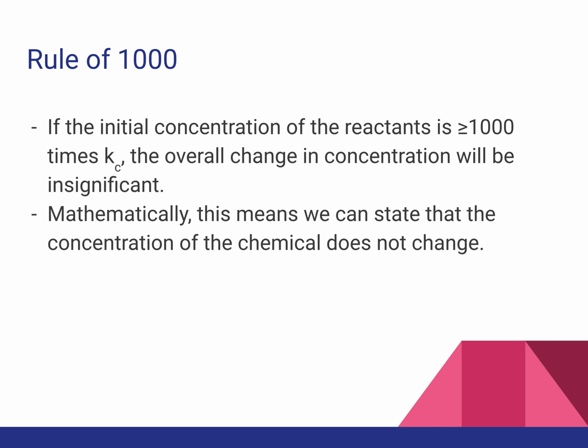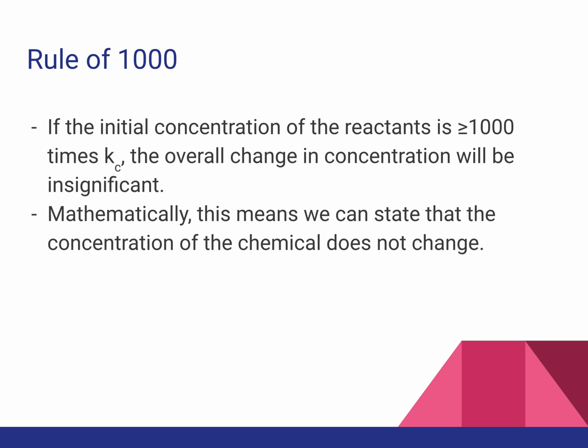Even if we calculate what the change from initial concentration to equilibrium concentration would be, it ends up being a rounding error. The rounding error is actually bigger than the actual change, so it's difficult to measure, which means the initial concentration and the equilibrium concentration for mathematical purposes haven't changed.